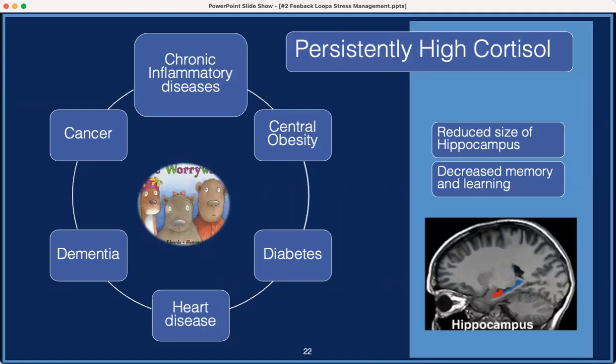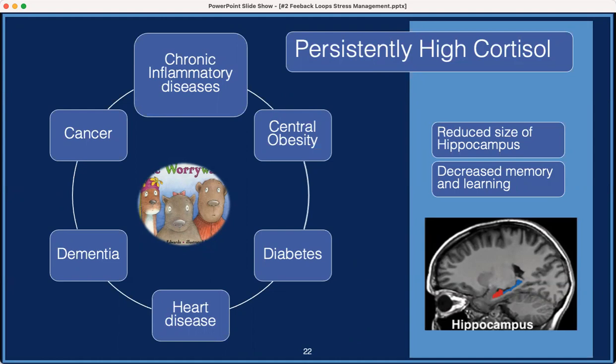These persistently high cortisol levels have a detrimental effect on the entire body. Unfortunately, with our education system, that chronic worry does not help with learning. In people who have had their hippocampus measured with chronic stress, the size of the hippocampus actually gets smaller, and you need your hippocampus for learning and memory.